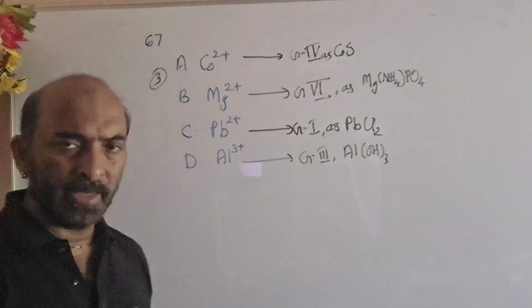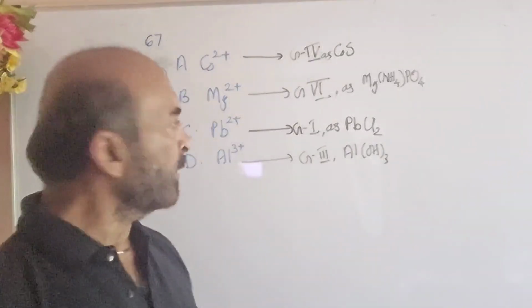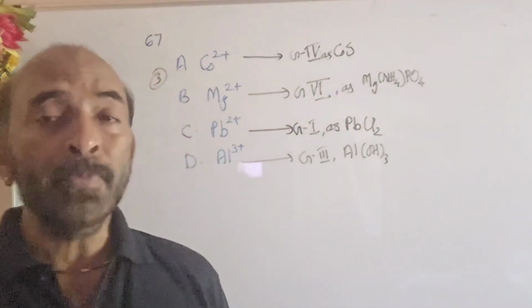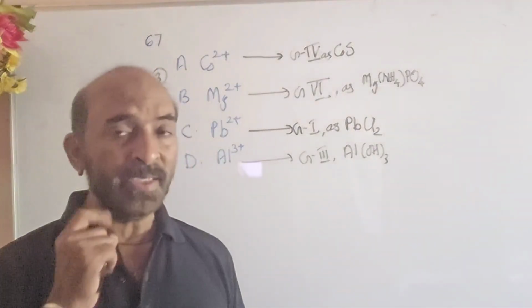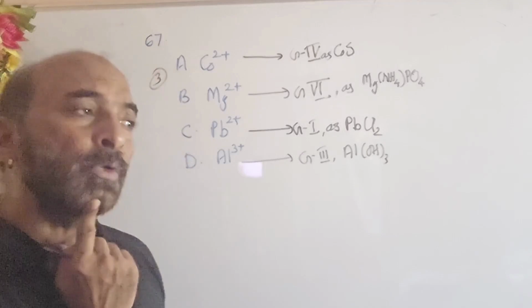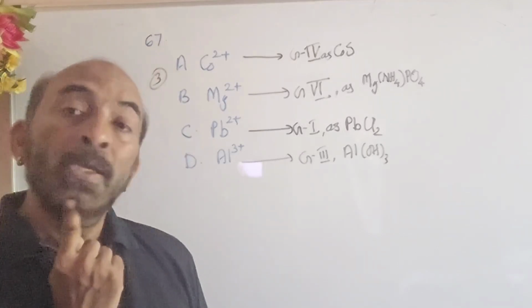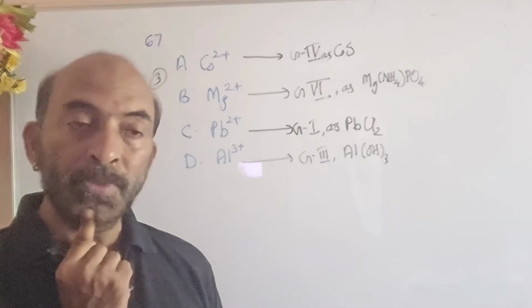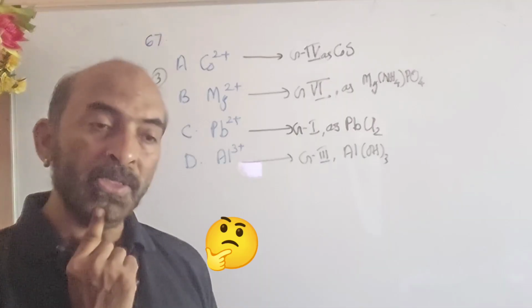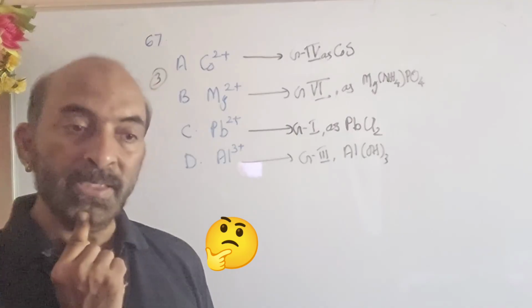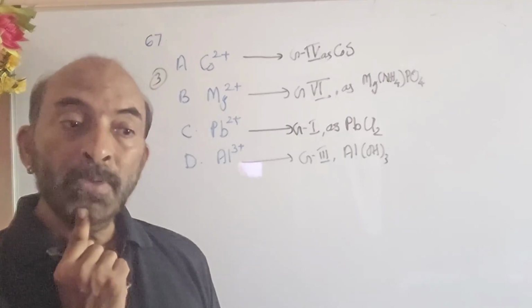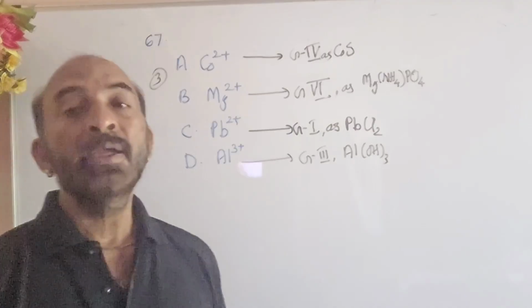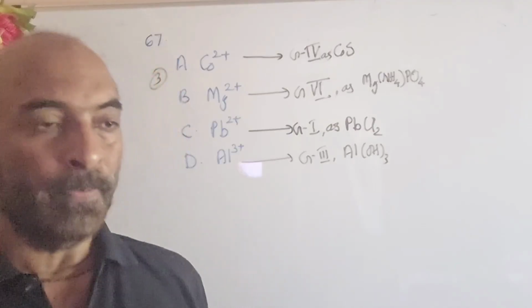Now comes lead ion, Pb2+. We know that Pb2+ is precipitated in the first group, where the reagent is HCl. PbCl2 being of low solubility, the ionic product exceeds the solubility product of PbCl2. Since the solubility product is very low and we are adding HCl, [Pb2+][Cl-] exceeds the permitted solubility product of PbCl2.